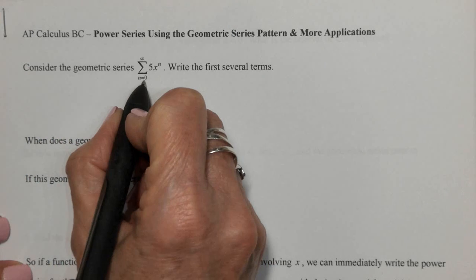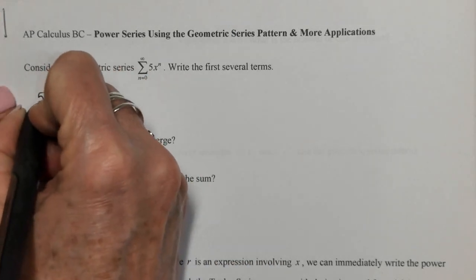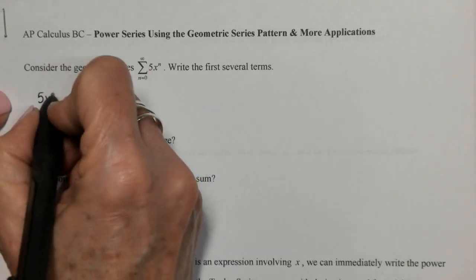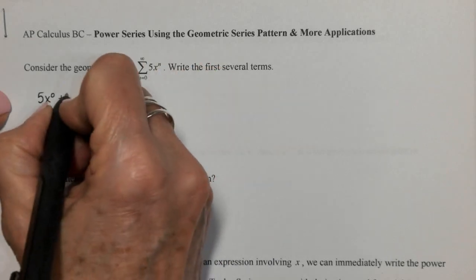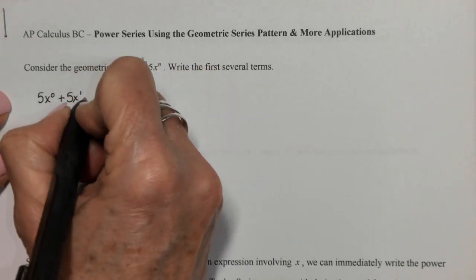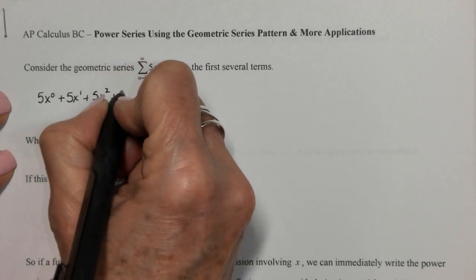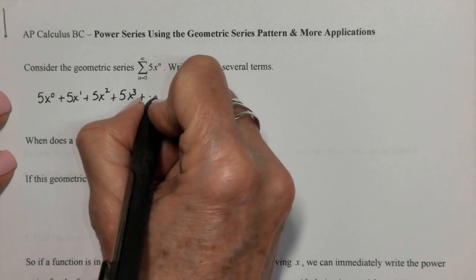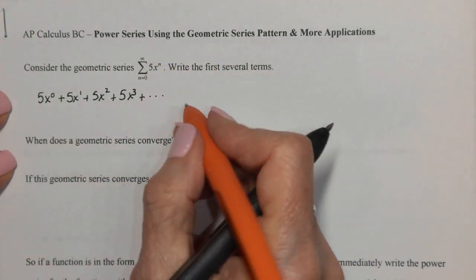If I start with n equal to 0, I'm going to have 5x to the 0, x to the 0 is just 1, plus, when n is 1, we'll have 5x to the first, when n is 2, 5x squared, 5x cubed, etc. So this is geometric.